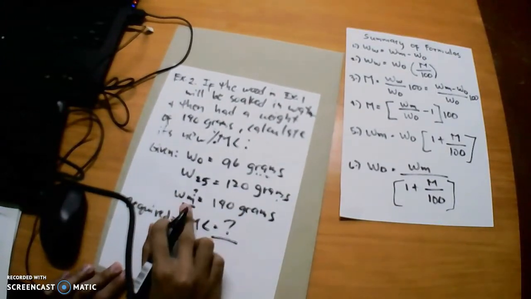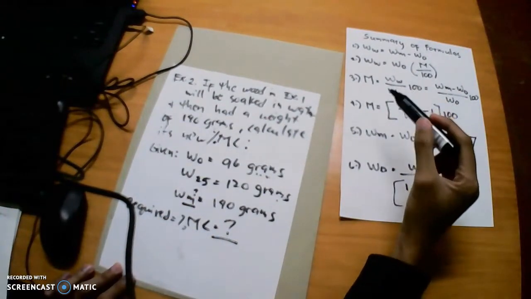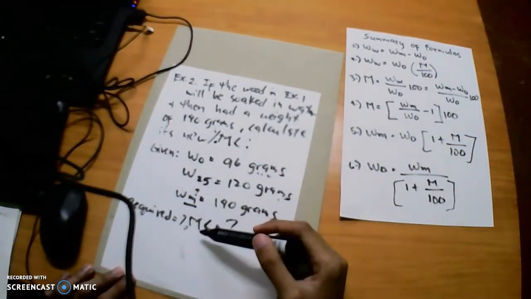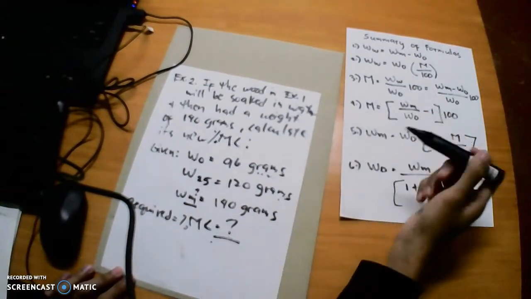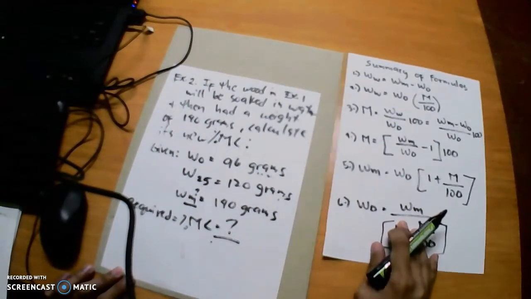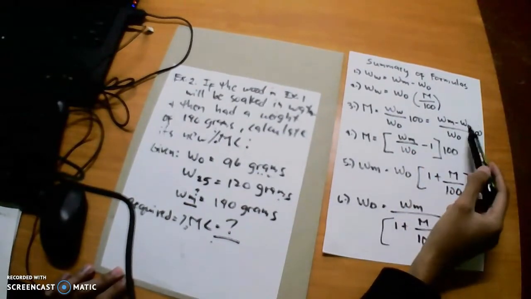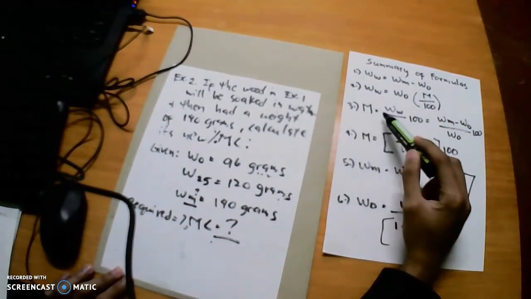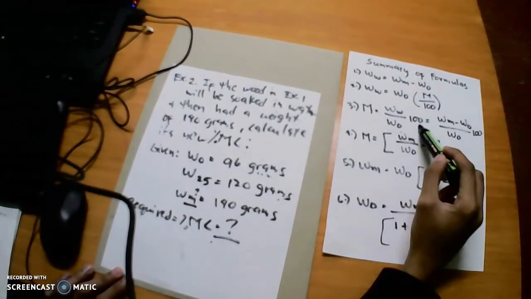So, what you will do is go back to the formula. We want to answer what its MC is. Okay? The required is the MC. Go back to your formula and look at your givens. Okay? You can use either of these two. If we look at formula number 3, M is equal to weight of water over weight of wood times 100.